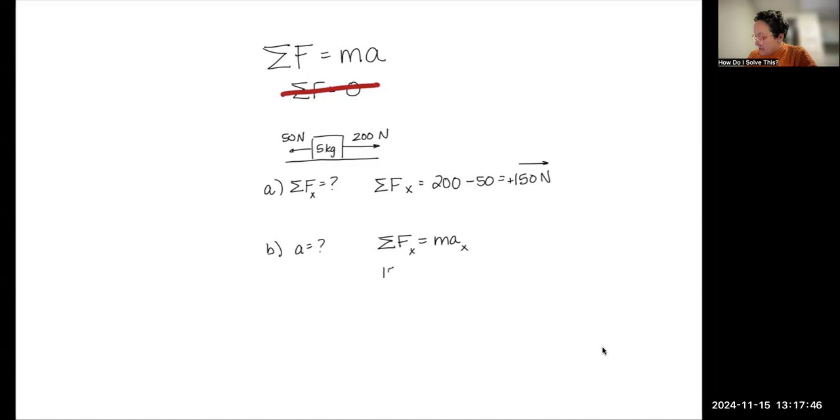We've got 150 newtons is our net force. Our mass is 5, so we can divide both sides by 5. We're going to get an acceleration of 30 meters per second squared, which is super, super fast. This is not particularly realistic, but that's also quite a bit of force on a very small box.